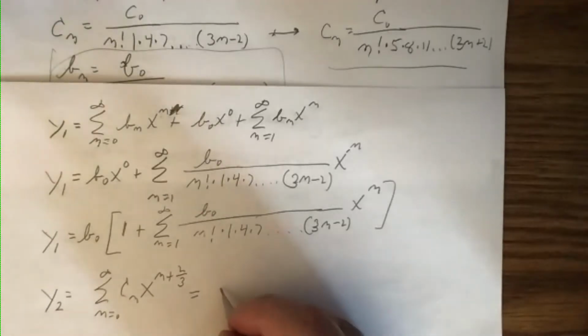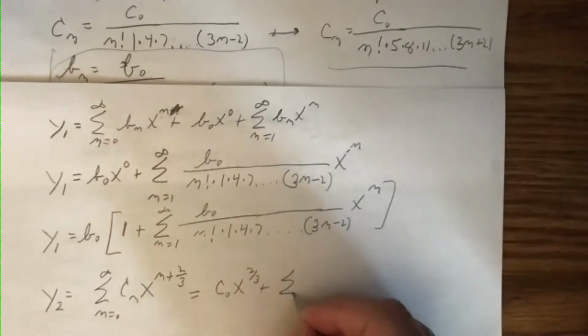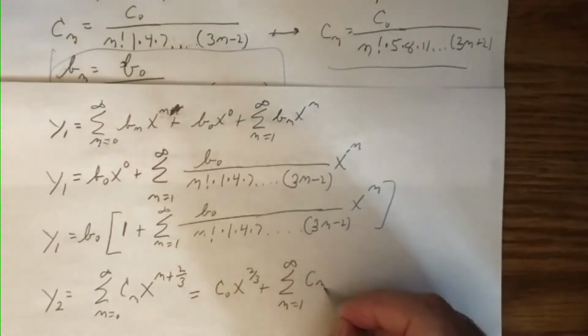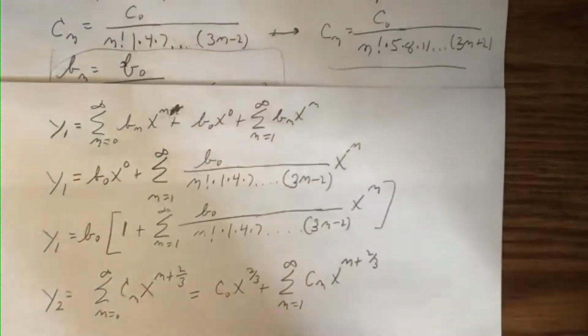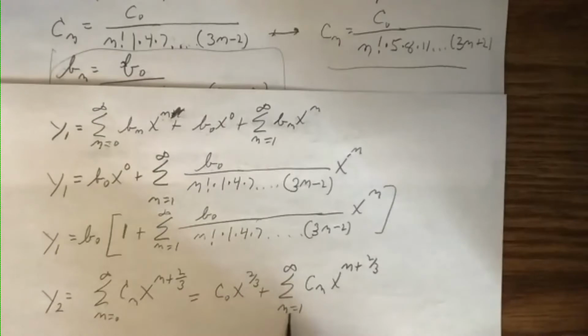So we can write this as C0 x^(2/3) plus the summation, n equals 1 to infinity, of Cn x^(n+2/3). I could write it like this, where I took out the first term: this is n equals 0, but now I'm starting the sum from 1.